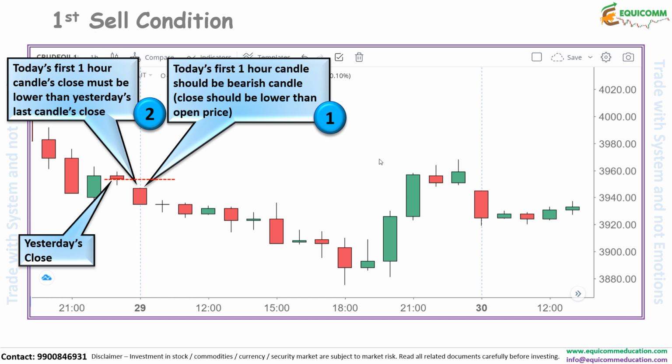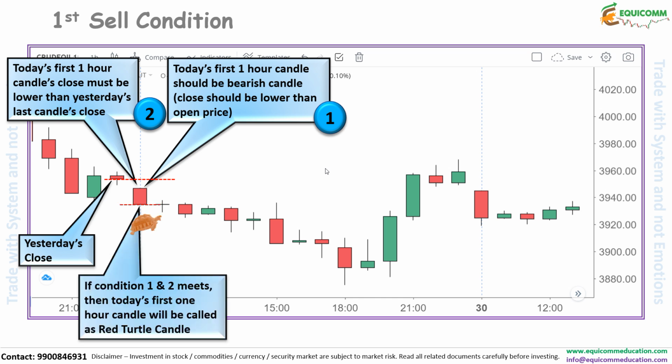Now let's try to understand when I have to sell. Before that, for this first 1 hour candle, if conditions number 1 and 2 are met, then today's first 1 hour candle, which is a bearish candle, we will call a red turtle candle.